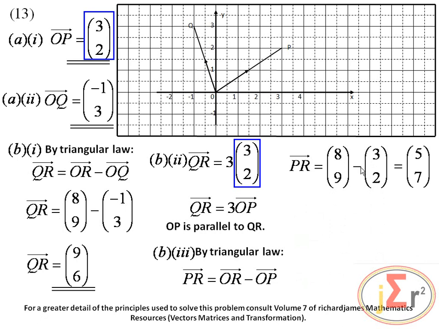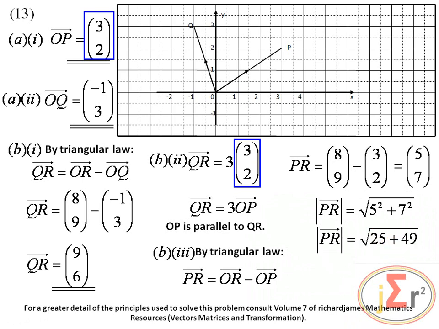So 8 minus 3 is 5, and 9 minus 2 is 7. So the magnitude of PR is equal to the square root of 5 squared plus 7 squared. 5 squared is 25, 7 squared is 49. So PR is equal to the square root of 74, which is 8.6 units.